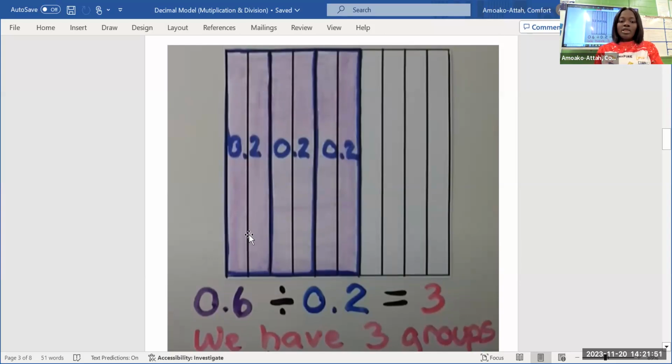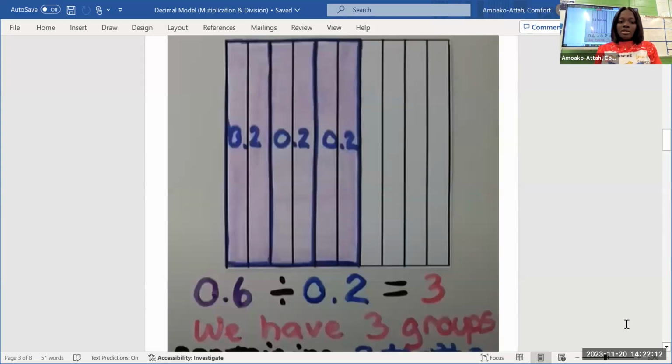Good. So we had 3 groups of 2 tens from the 6 tens, so your answer becomes 3. That is the divisor, right? You divide based on the divisor you have, and you count the number of groups you have as your final answer. Let's see another example.